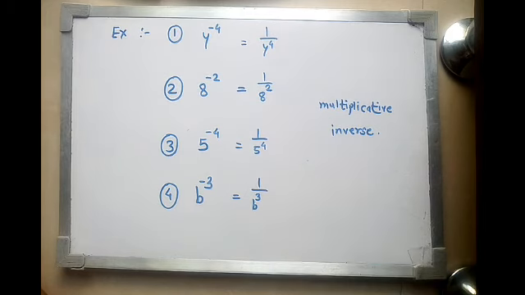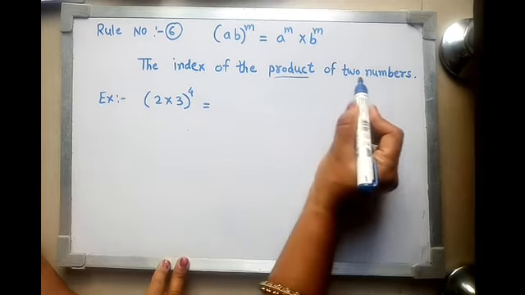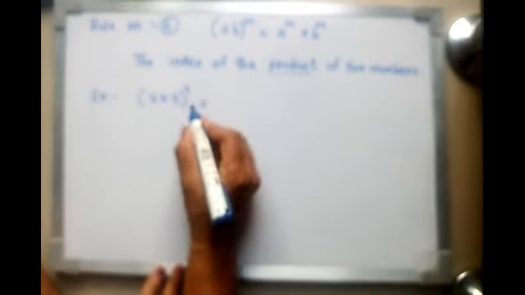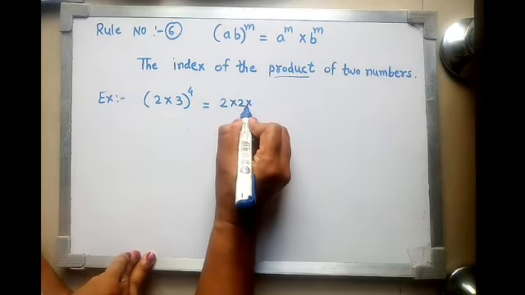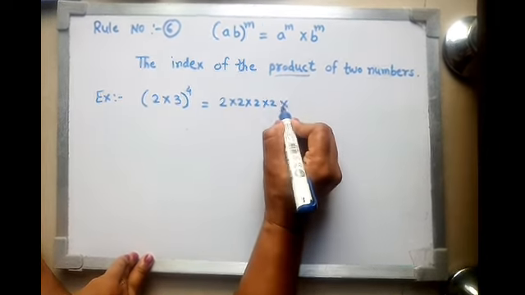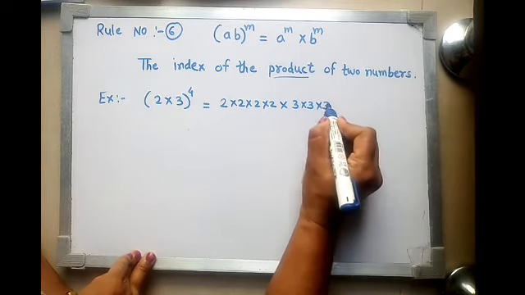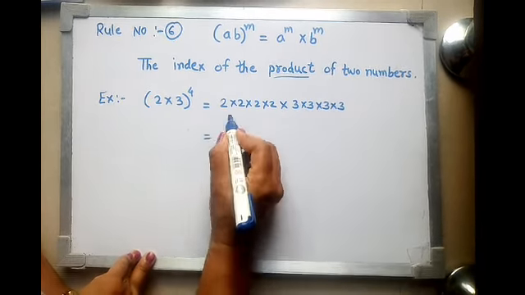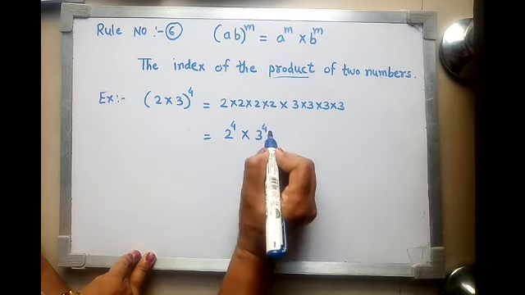Rule number 6: the index of the product of two numbers. For example, (2 into 3) raised to 4. 2 multiplied 4 times and 3 multiplied 4 times, so 2 raised to 4 into 3 raised to 4.